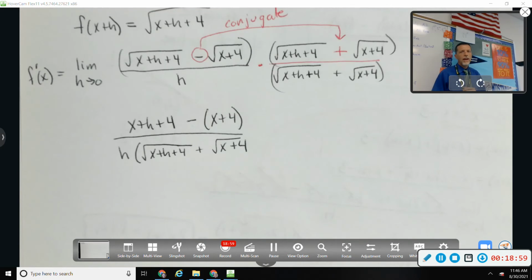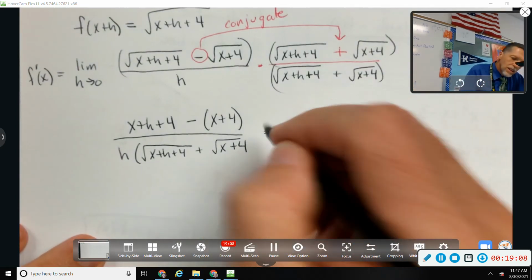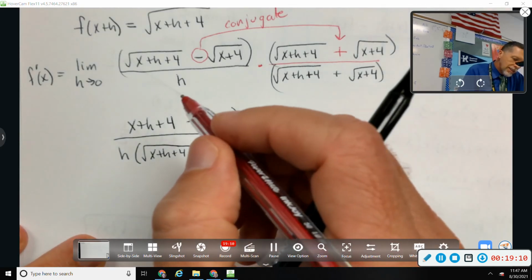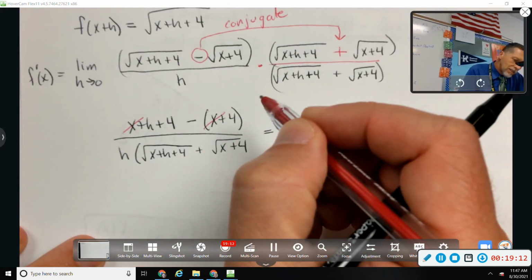And I got lazy again and left off the limit. That's okay. I'm still working through the algebra as long as I remember to stick it on at the end. Let's see. X's cancel. 4's cancel.